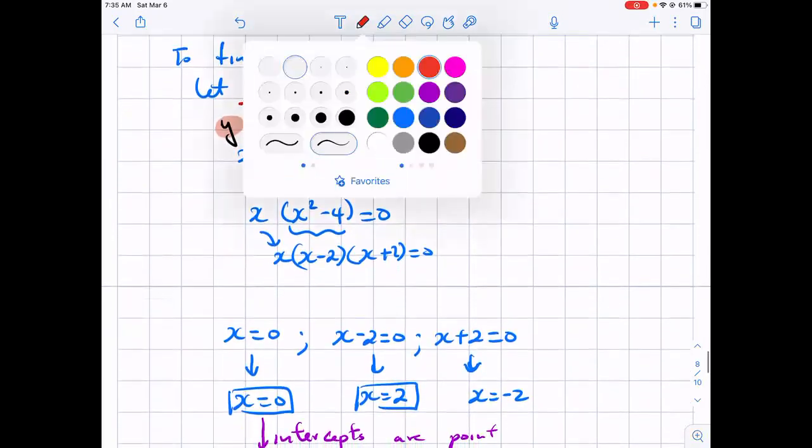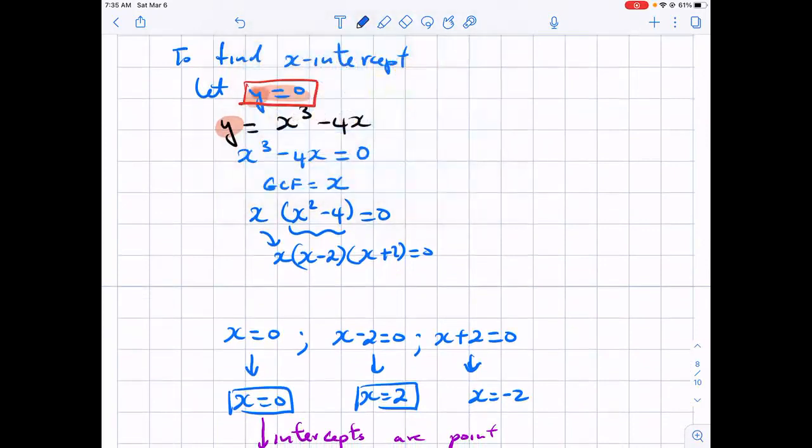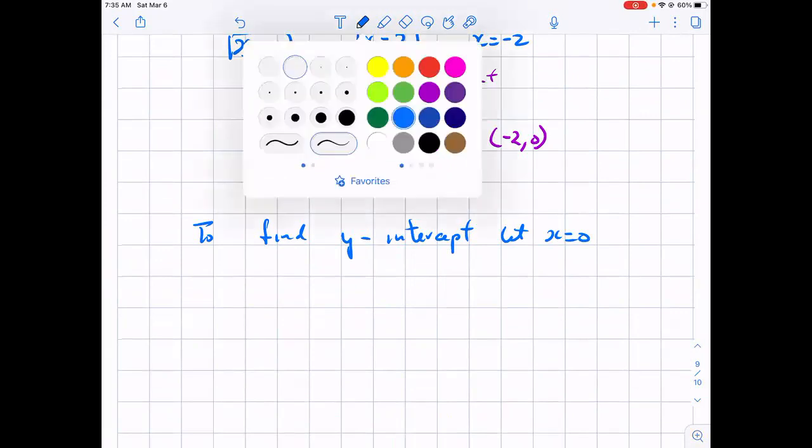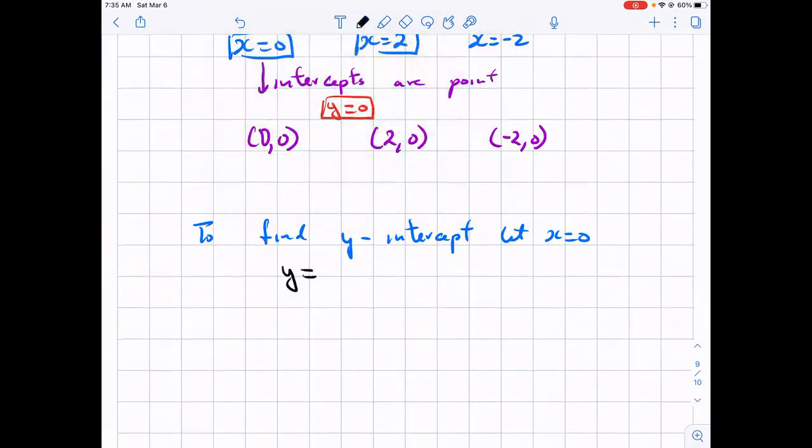Now to find the y-intercept, let x equal 0. So our equation, y equals x cubed minus 4x.